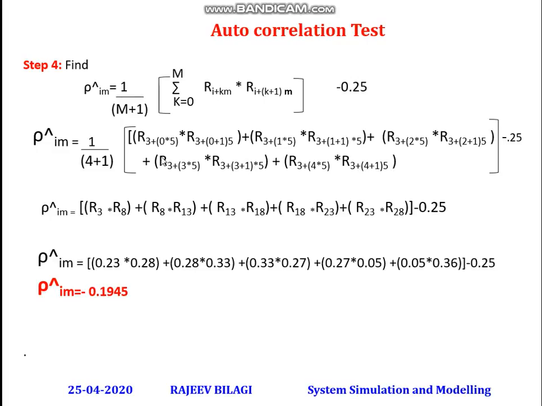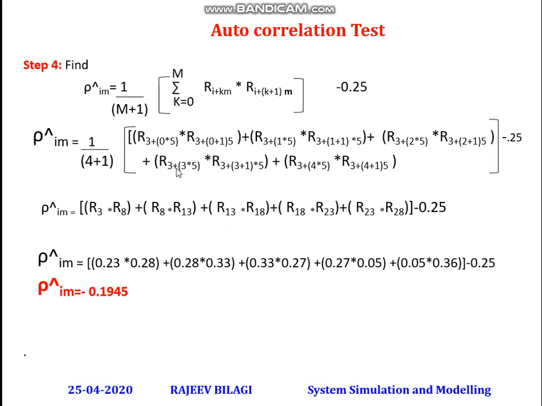So now if you rewrite this, ρ̂_im equals R3, so 5 into 0 is 0, so that will become 0, R3 into R of 3 plus 1 into 5, so R8. So R3 into R8 plus R8 into R13, R8 into R13 plus R13 into R18, what you are getting here.